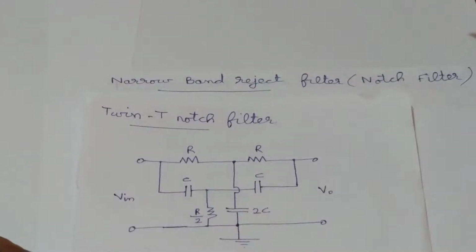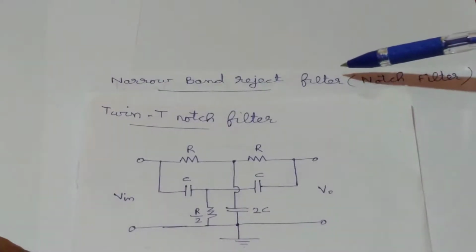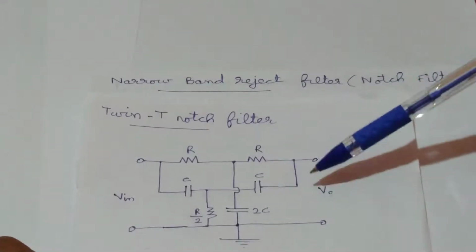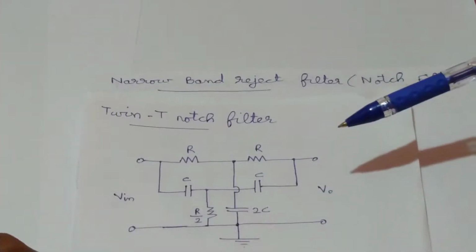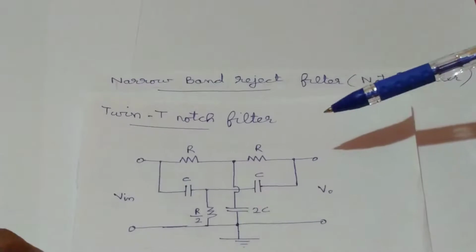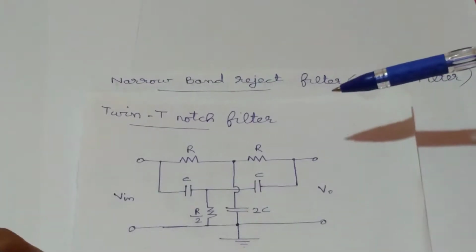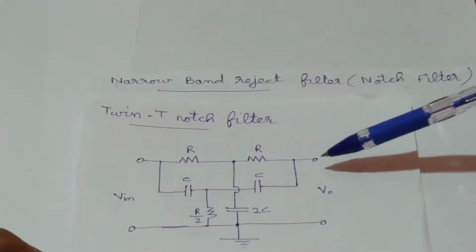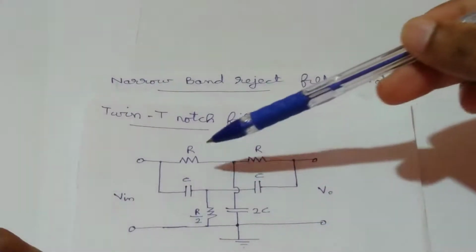Let's now consider the case of the narrow band reject filter. This narrow band reject filter is also called a notch filter. The most commonly used notch filter is the twin T network, shown in this figure. This twin T network is a passive filter, formed by two T networks.